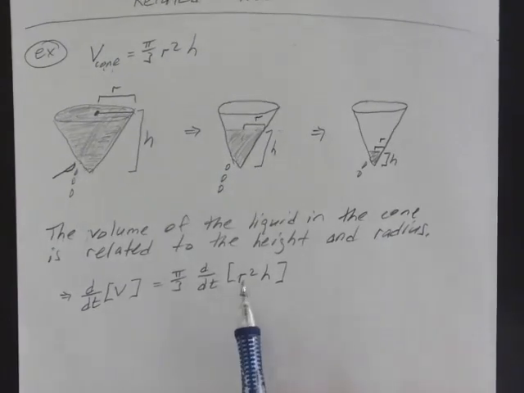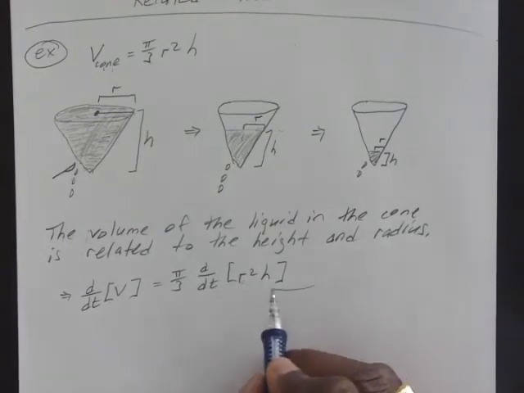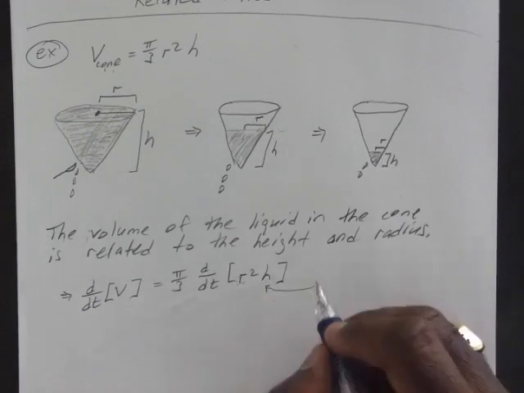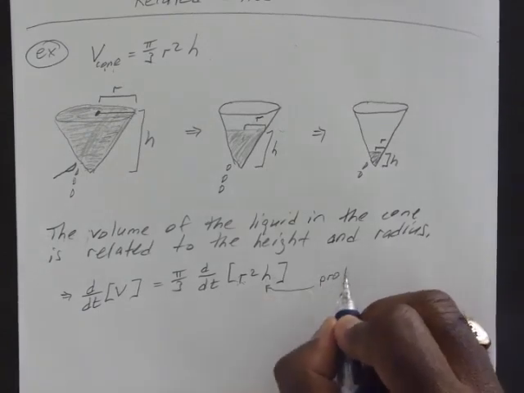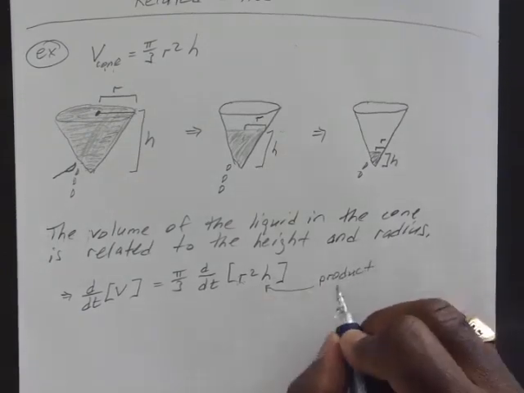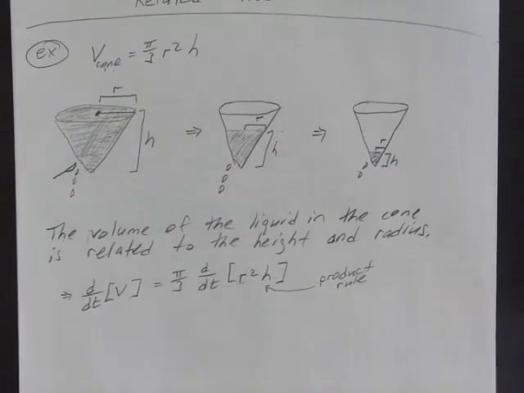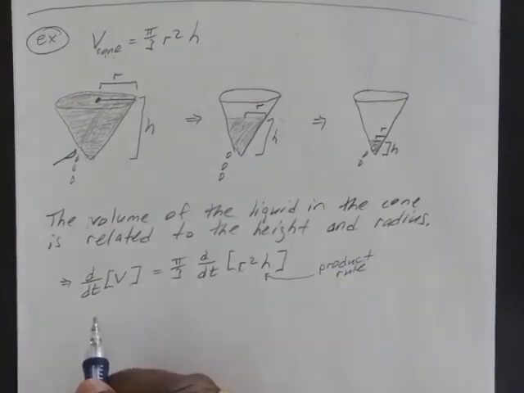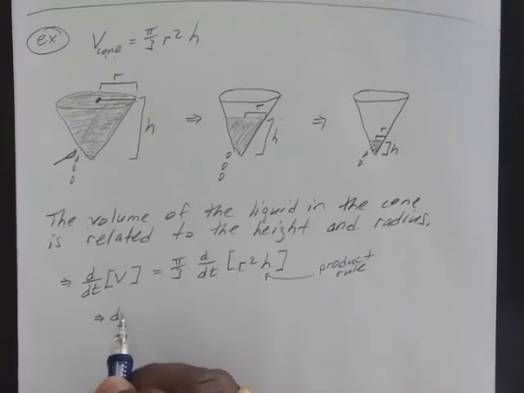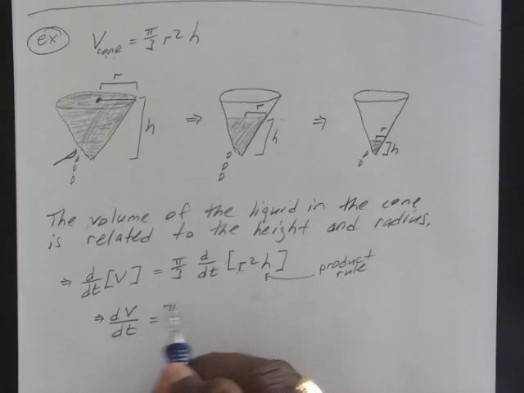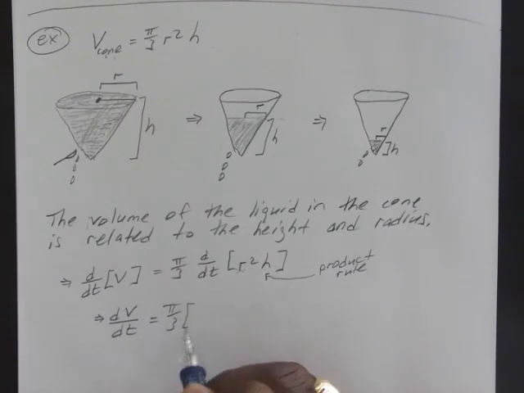Okay, so we know here we have two factors being multiplied that we're trying to find the derivative of, so we know we're going to have to use the product rule. Okay, so the rate of change of the volume with respect to time is equal to pi over 3.